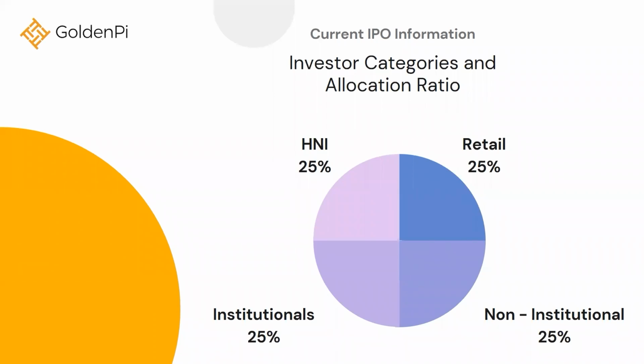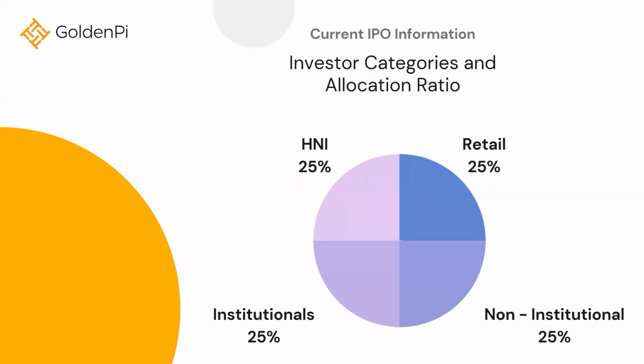Non-institutional investors are essentially the corporates who can apply for these IPOs, and institutional investors would be the likes of provident funds, public sector units, public sector banks, LIC, these entities which are quasi-government, or have got government holdings.